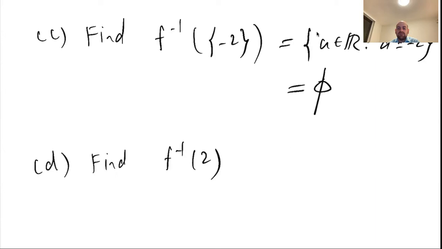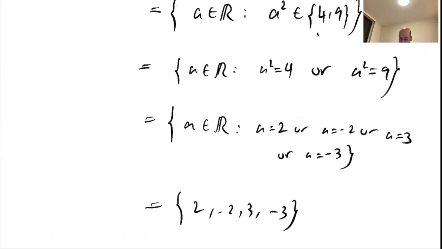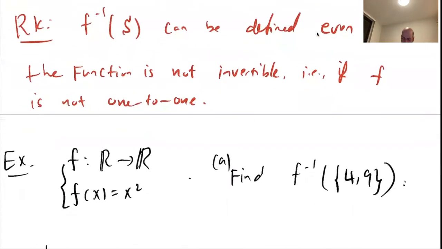And when can I say my function is invertible? If it's 1-to-1. But this function is not 1-to-1. Right? This function is not 1-to-1. Therefore, it's not invertible. Therefore, f inverse does not exist.